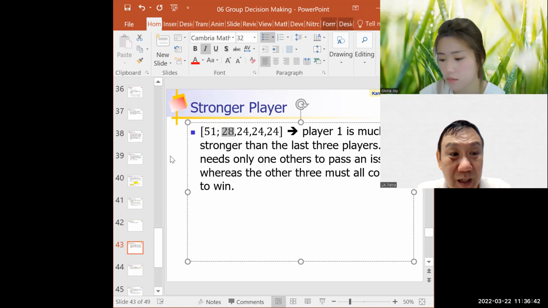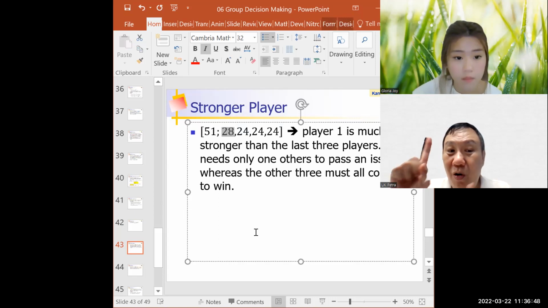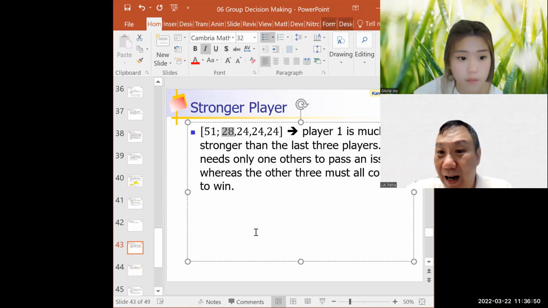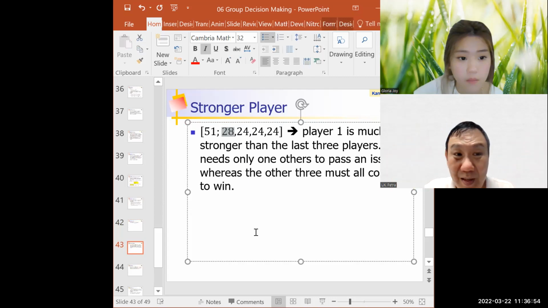Why? Because this player, number 1, needs only one other member to pass an issue, right? But if the 3 join a coalition, then player 1 will lose.